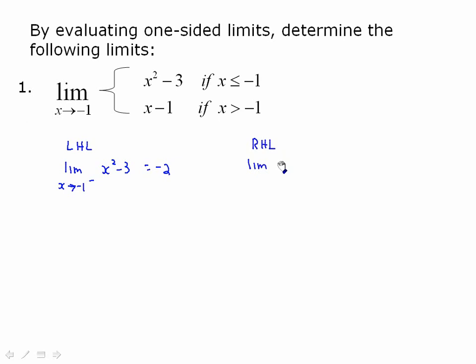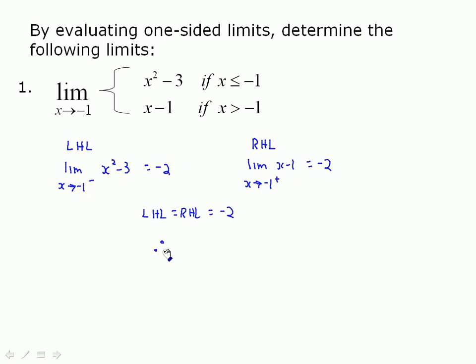And then we take the limit of x minus 1 as x approaches -1 from the right side. And if you plug in -1 now, we'll get -2. So the left-hand limit equals the right-hand limit equals -2.